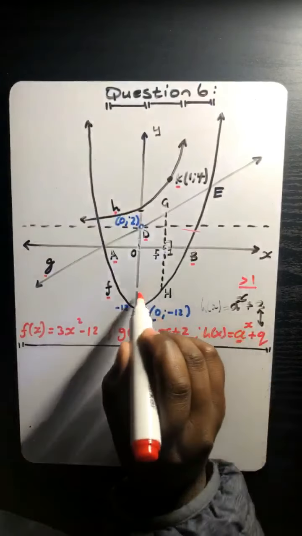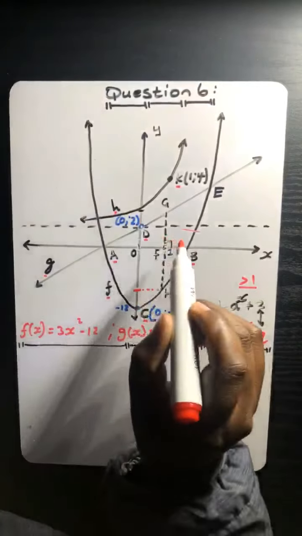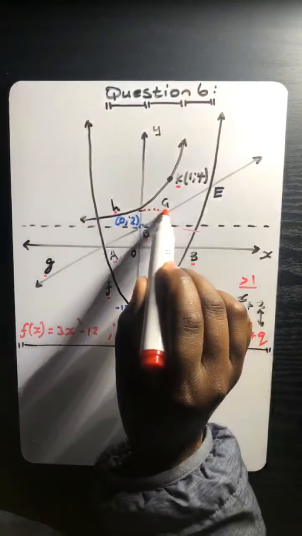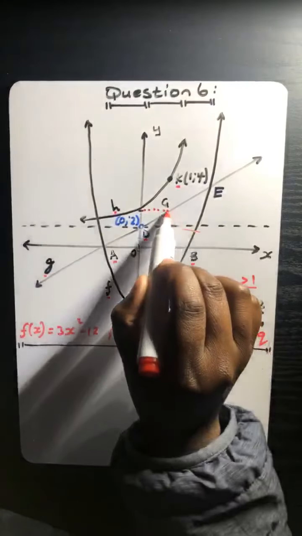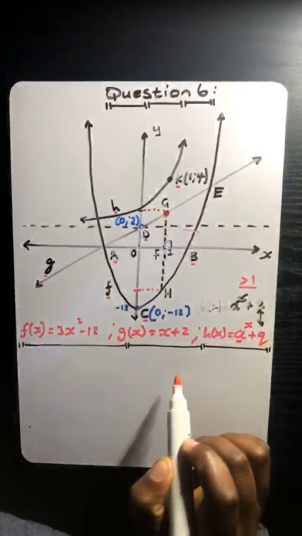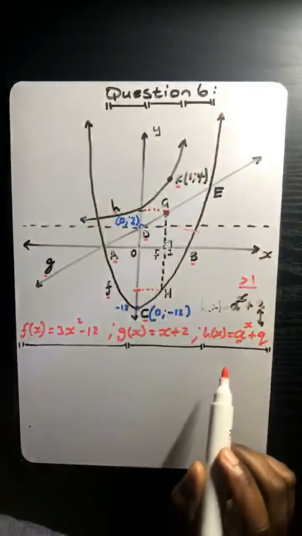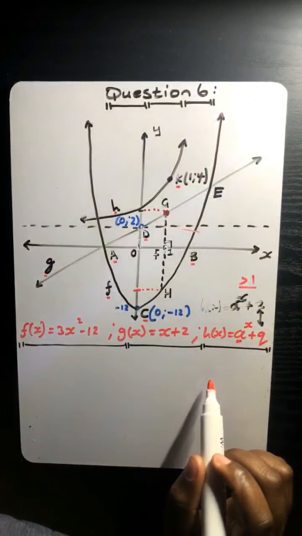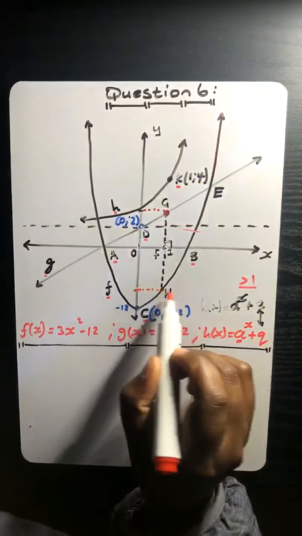We need to calculate the y value there, and again the y value there. How can we do that? We can make use of this straight line equation and also make use of that hyperbola, a parabola, to find the y value at that point.